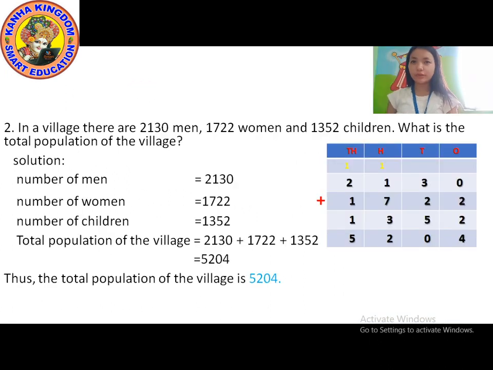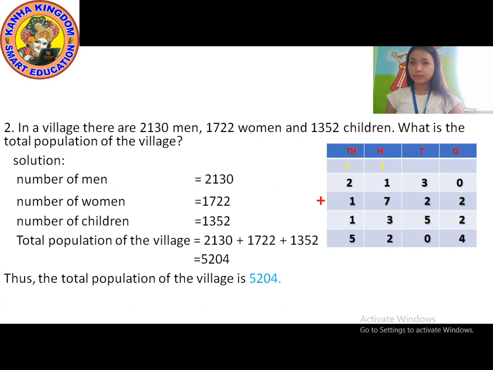Now we are going to solve the second example of word problems. Okay, the word problem is like this. In a village there were 2130 men, 1722 women, that means how many women are there? 1722.